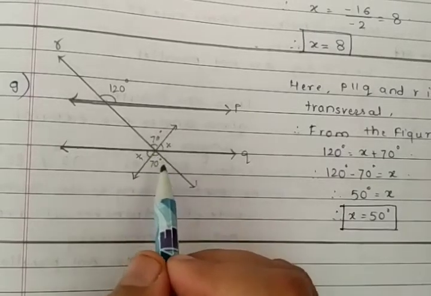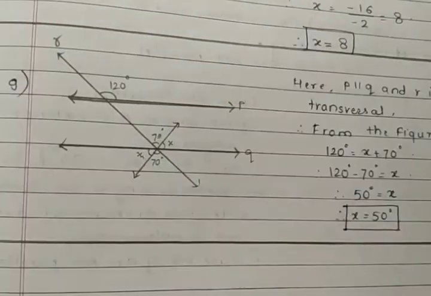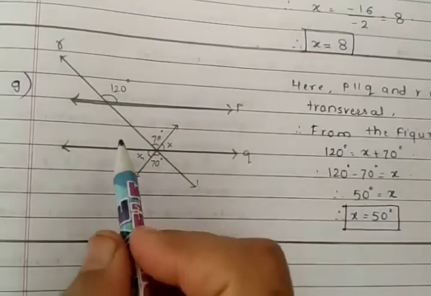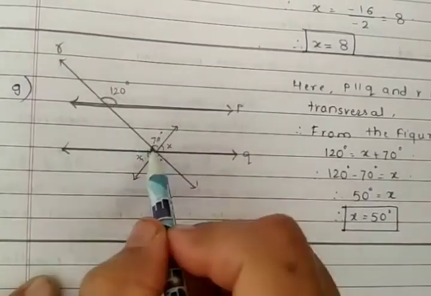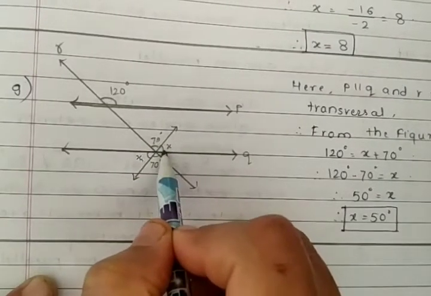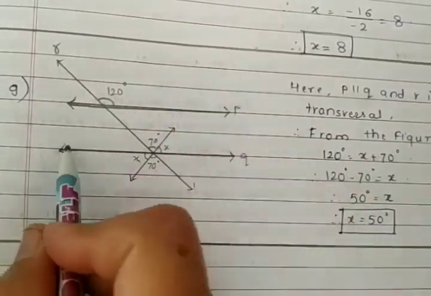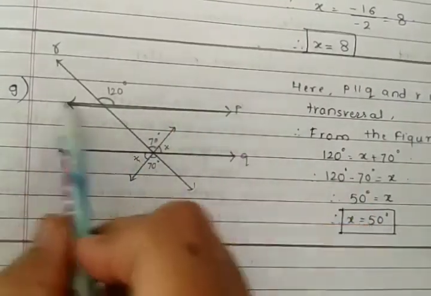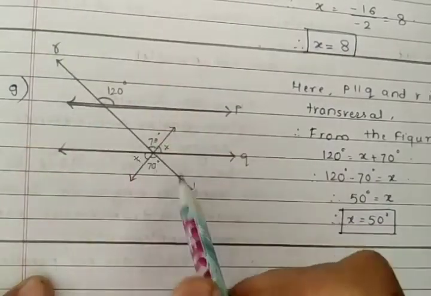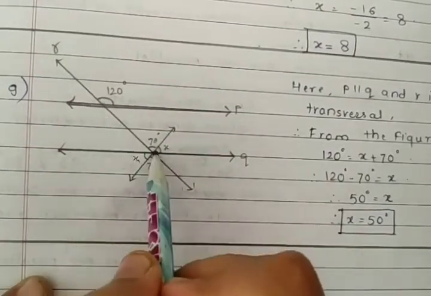Or the other way is that we can see that these two, 120 and this angle, are you getting my point? These two are corresponding angles and P and Q are parallel, right? If P and Q are parallel, R is a transversal, and these two corresponding angles are forming over here, that means these two are equal.